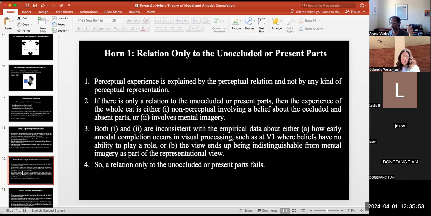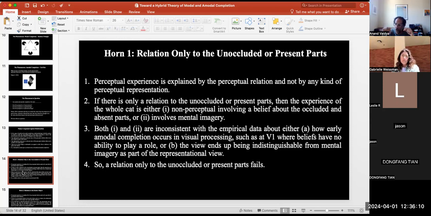So one option is the relationalist can say, oh, as I just said, it's not in the visual presentation, it's in a belief. And that belief goes all the way down to the earliest stage of vision in V1 and does something called cognitive penetration.